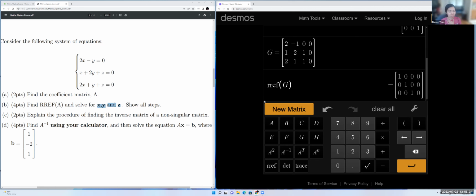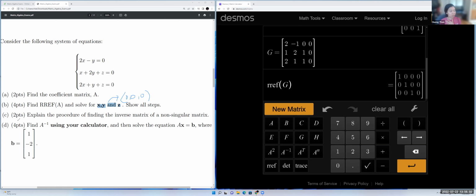That means x, y, z equals 0 is the solution. All right, I can write it down here. So the solution is 0, 0, 0 for x, y, and z. All right.